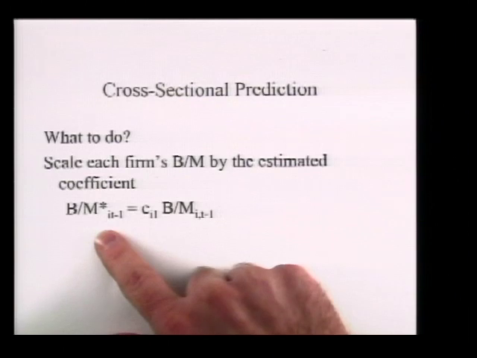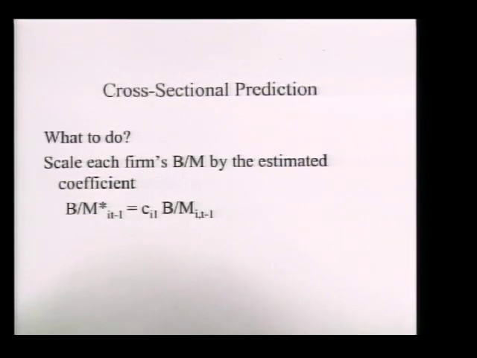Create a new variable. Think about the regression in Excel that I mentioned, where we've got the January 2001 returns for 1,000 firms in column A. In column B, we've got the price-to-book ratio in December 2000. In column C, we've got C1 for every single firm.